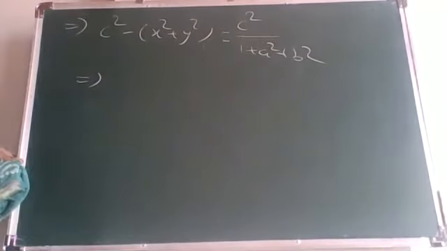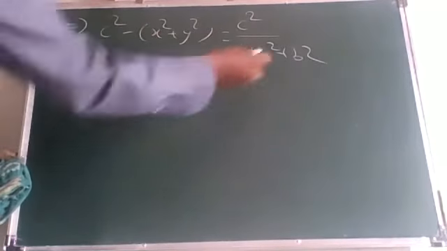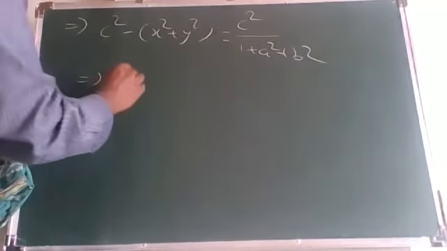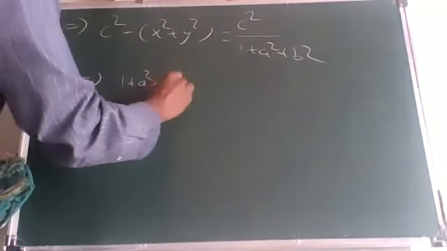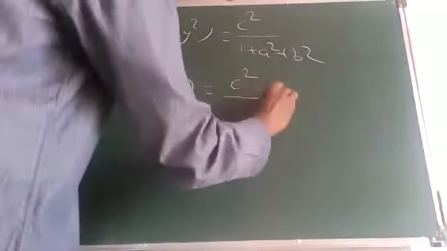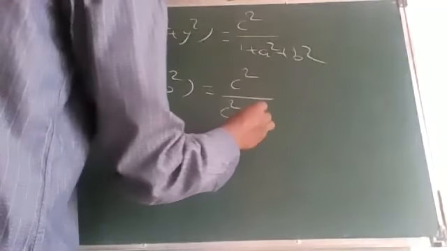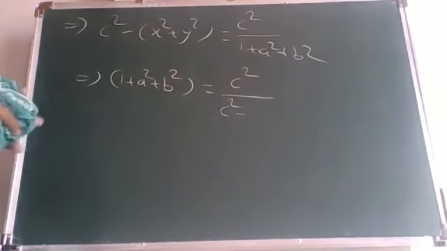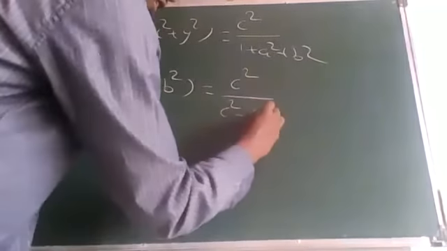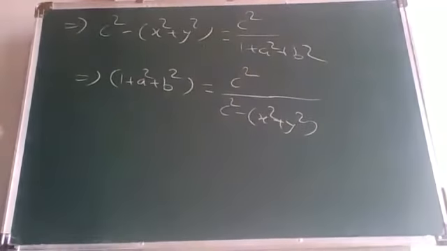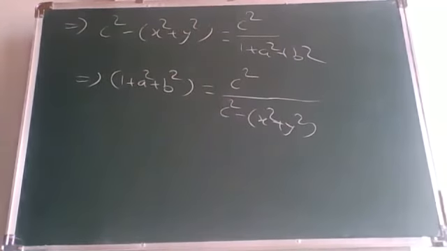Implies, take this on the LHS and this on the RHS. We get 1 plus a square plus b square in one bracket, which is equal to c square divided by c square minus x square plus y square. If you put the bracket as it is, then it is x square plus y square. If we remove the bracket, then minus x square minus y square.